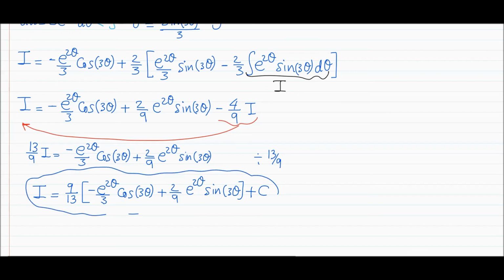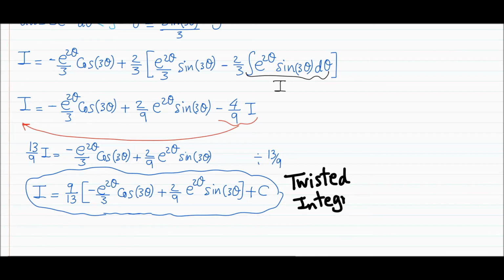And this is a group 3 problem, and this kind of problem we can call a twisted integral, since in the problem we got the integral itself once again and we switch it to the other side in order to get the total value of the integration I.